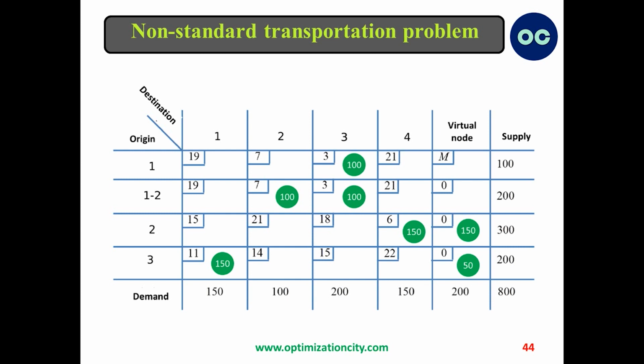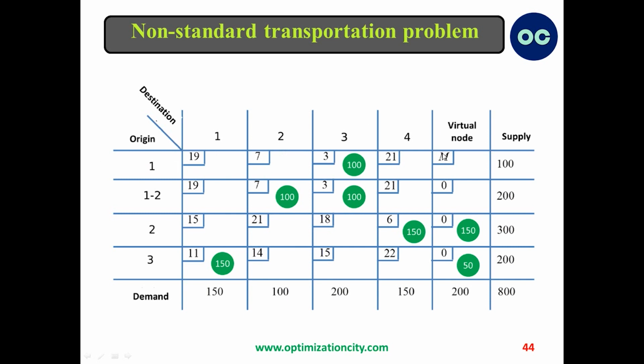If the cell were not assigned M here, there would be a possibility of flow from node 1 to the virtual node, so this is the arc between 1 and the virtual node. Supply node 1 would be unable to fulfill the demand of nodes 1, 2, 3, 4. So we assign M to arc 1 to virtual.